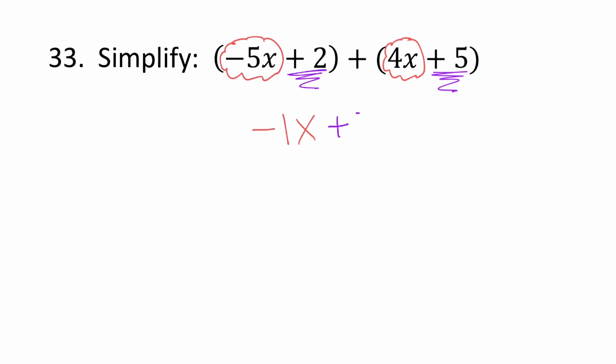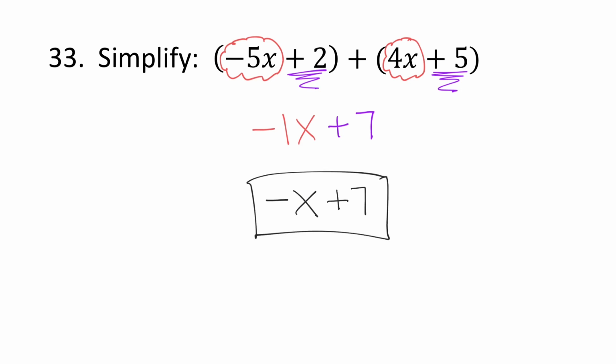So this one will be -1x plus 7. I don't need that 1 next to the x, so I'm just going to use the negative with the x plus the 7. And that's your answer. Look in between the parentheses: the plus means you're adding, so you combine like terms. -5x plus 4x is -1x, and 2 plus 5 is +7. So -x plus 7 is your answer.